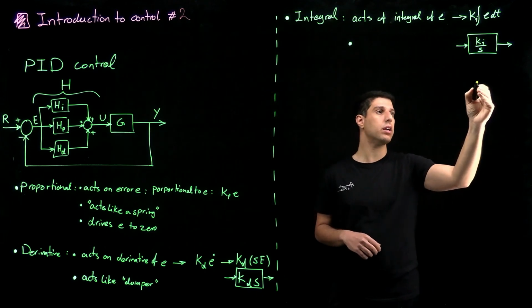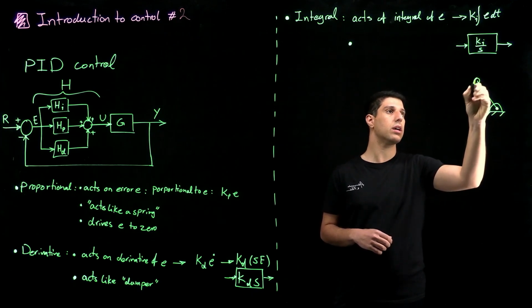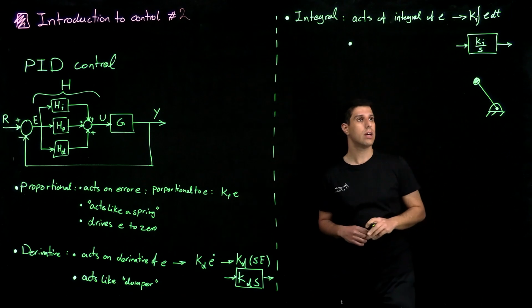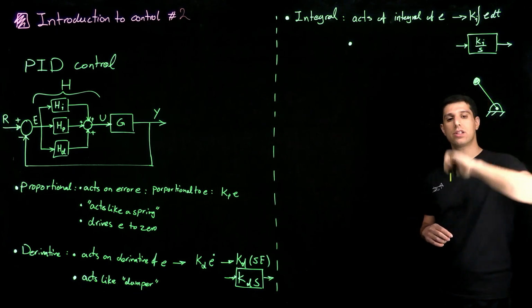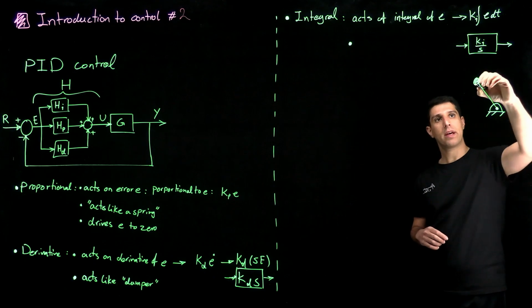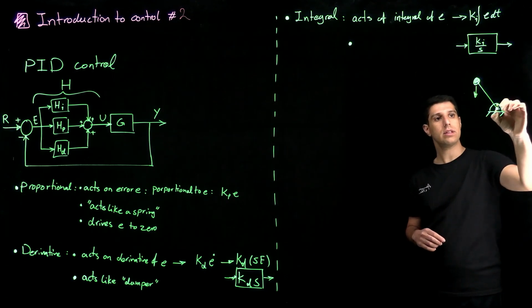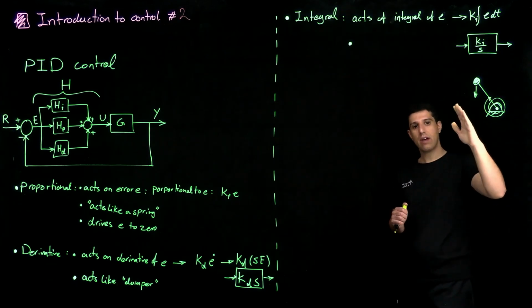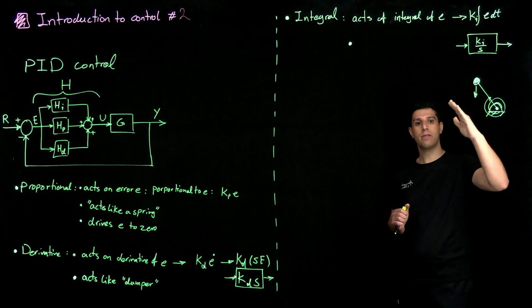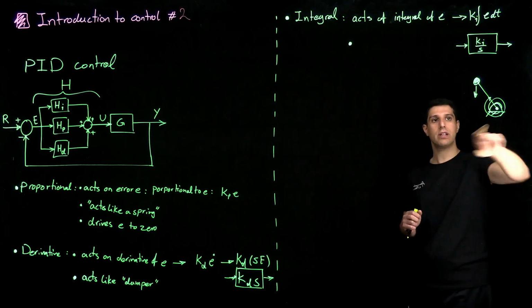And it is very easy to show in my pendulum example that if my reference is such an angle, because there is gravity, there's a spring on its own. If you just have a spring, doesn't matter how stiff it is, there is still some deflection left in the spring.